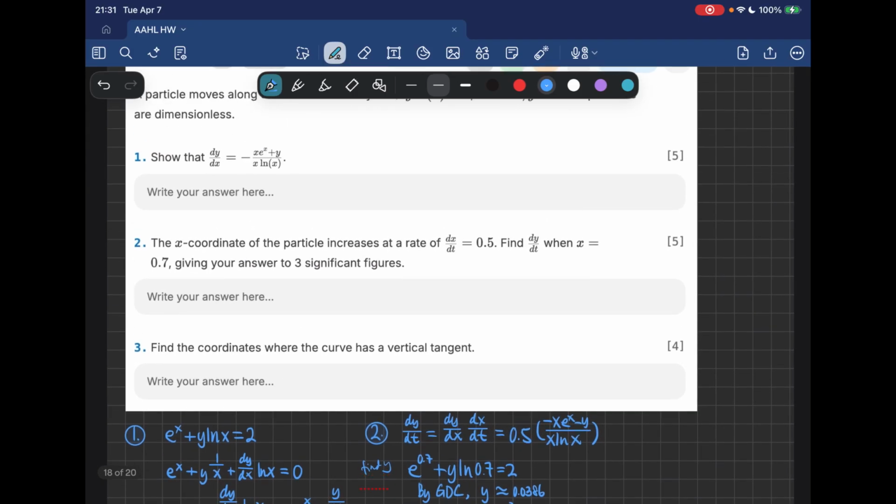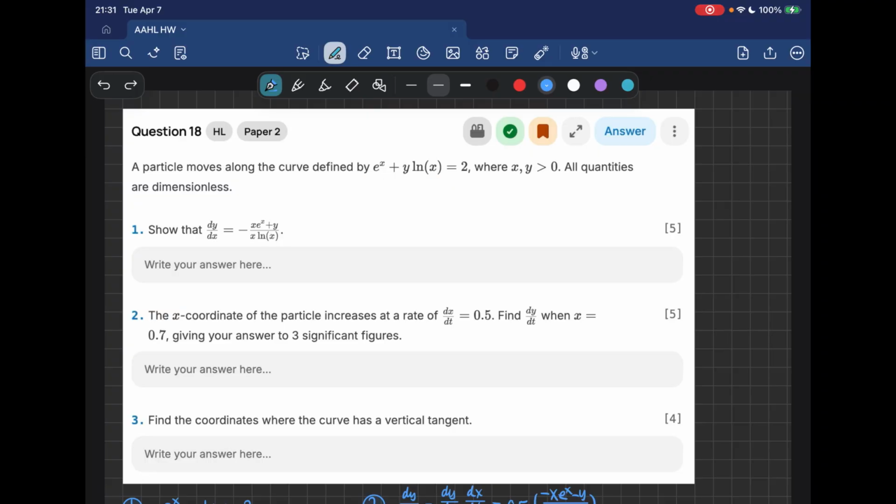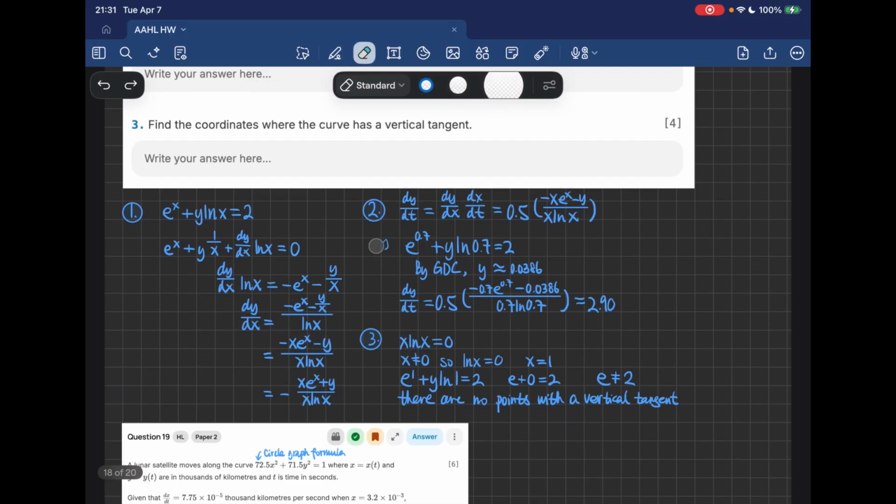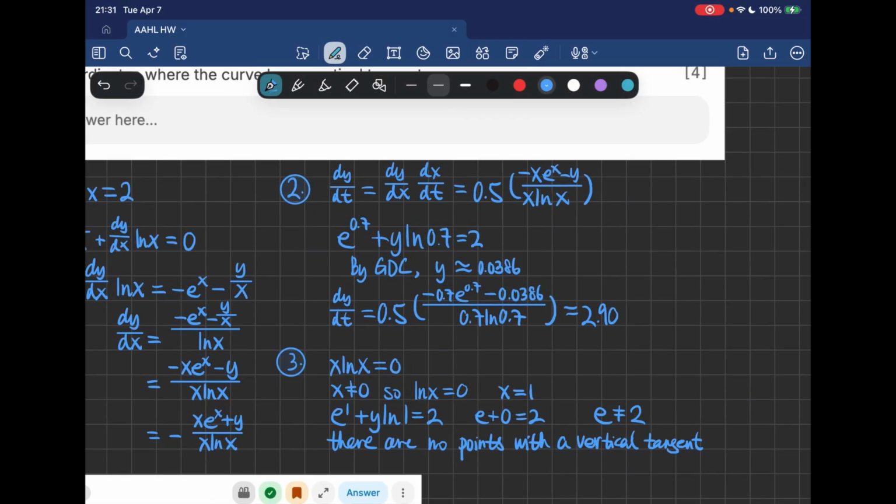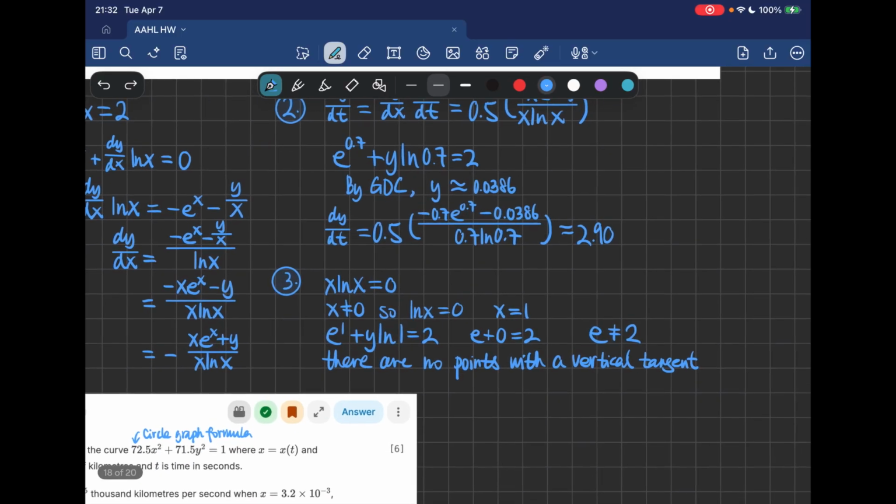And we've got to use this original equation to do that. So use your calculator to find y, and it's about 0.038. Then you substitute x and y in this part, and then the final answer for dy over dt should be rounded to 2.90.